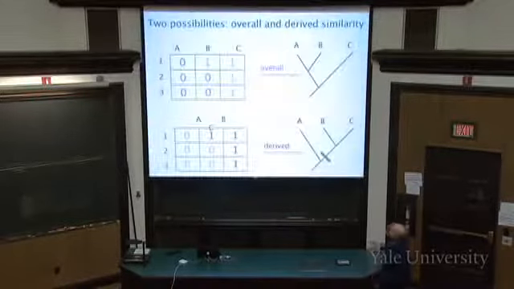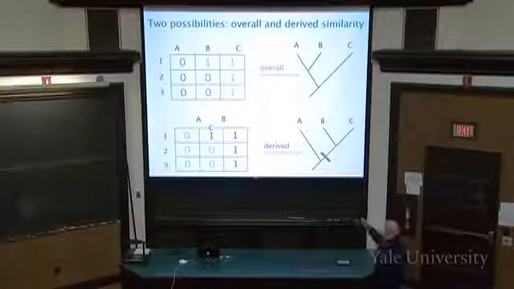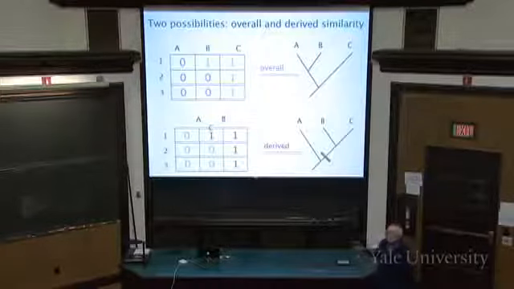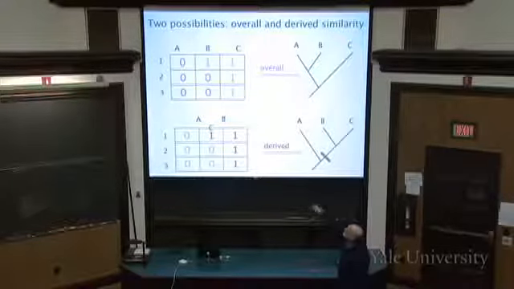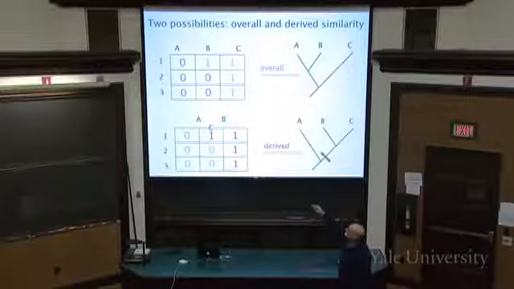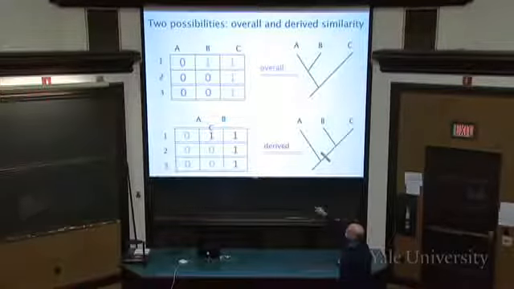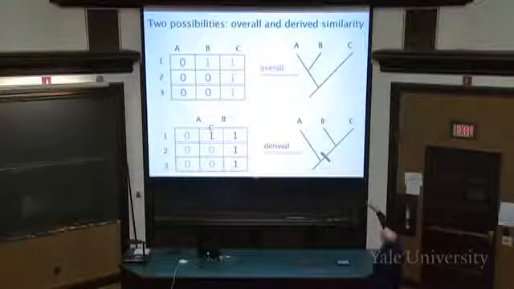Now, if we did it with overall similarity, A and B share 5 ancestral counts, okay? In 3 traits, 1, 2, and 3, A has got the ancestral state. In 2 traits, 2 of those in B has also got the ancestral state in 2 and 3, and that would suggest this tree.